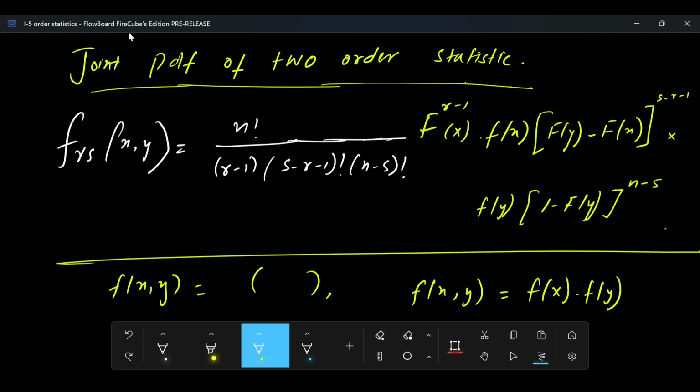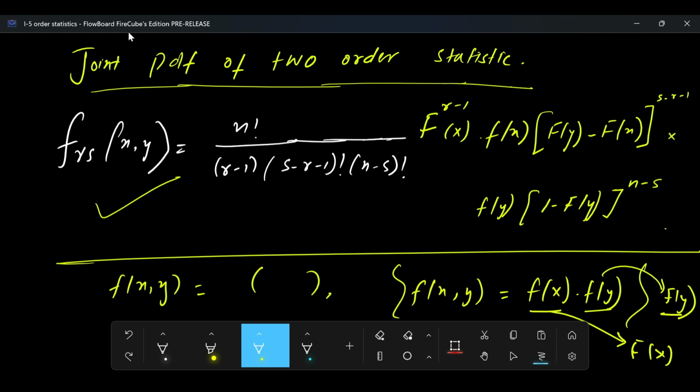So this is when random variables are IID, and in case of joint distribution, random variables must be IID. So you can easily find the small f of x and f of y. Then from this you can easily find the capital F of x and capital F of y. So put in small f of x, small f of y, capital F of x, capital F of y, and you will get the joint PDF of order statistics.